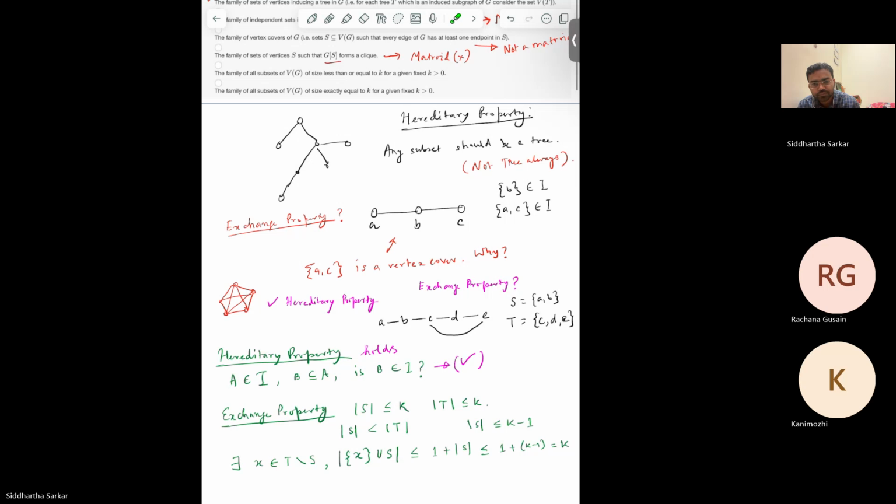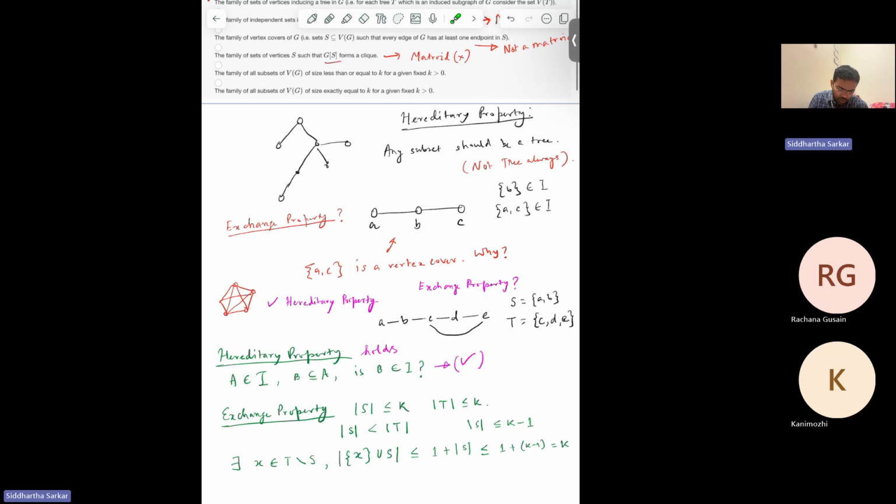Is that fine? So both S and T have size less than or equal to k, but S has size less than T. So there is at least one element which is in T but not in S, and that element can be taken union with S such that the size of S gets augmented by 1, but the size of S is still going to remain at most k.